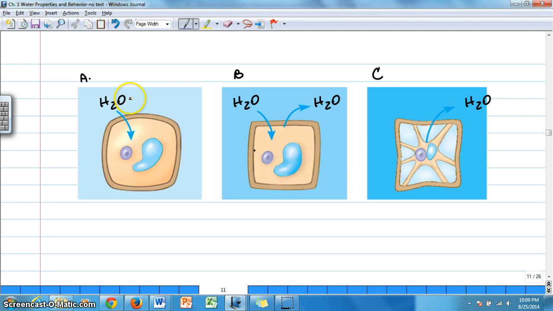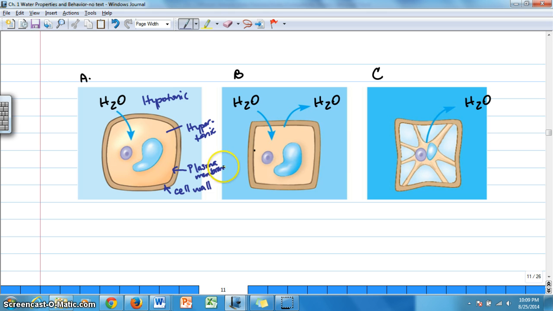Over here in A, we see that water is moving in, so this must be the hypotonic solution, whereas inside is the hypertonic solution, which means that water is moving in. And as you can see, because the cell wall is rigid, we're looking at the cell wall right here, and the plasma membrane is this internal layer here, the cell membrane.